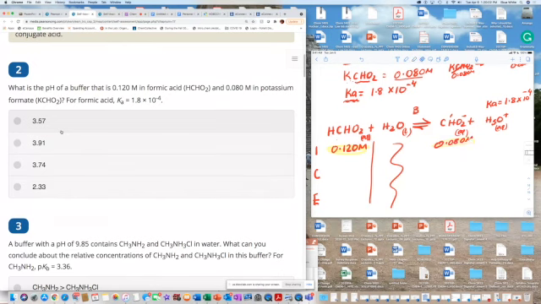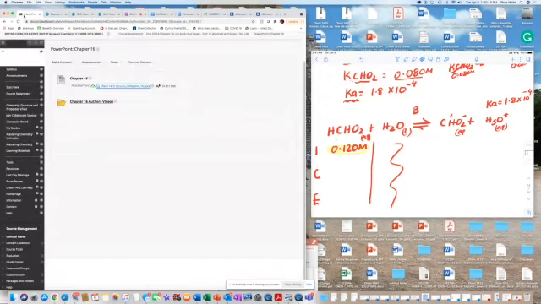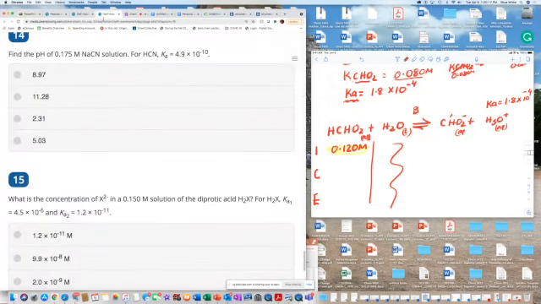So if this was not here and the number was not given in the question, this would be a regular weak acid problem. But since I was given this number, which I had to put here, this automatically makes it a buffer problem.